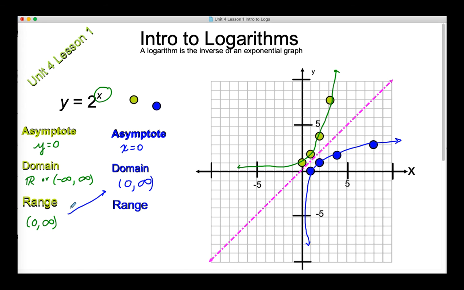Hey, get it? Switch x and y. So you can see that the range of our logarithmic graph would be the domain of our exponential graph, which means this blue graph will pass every number in the world, going through every negative to positive number.